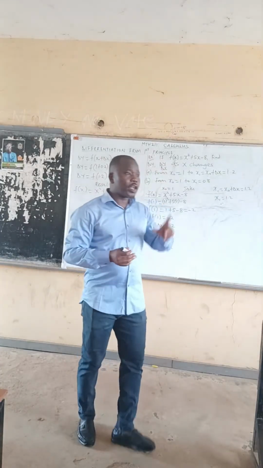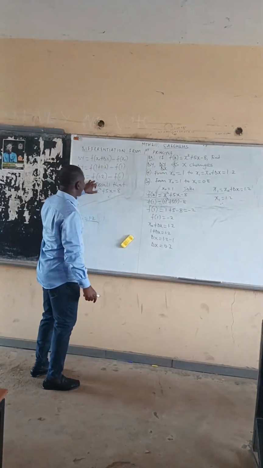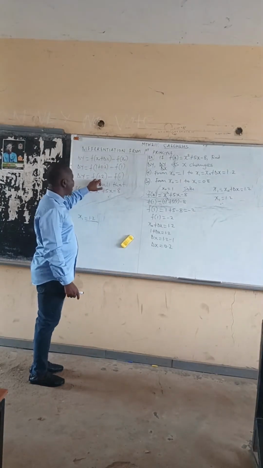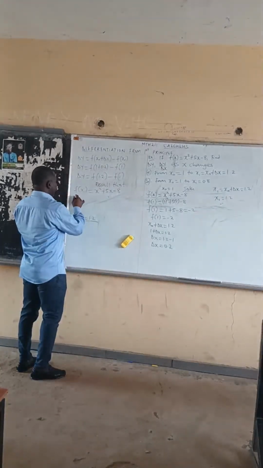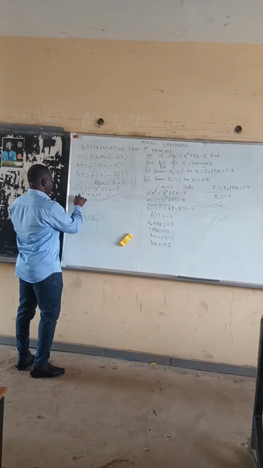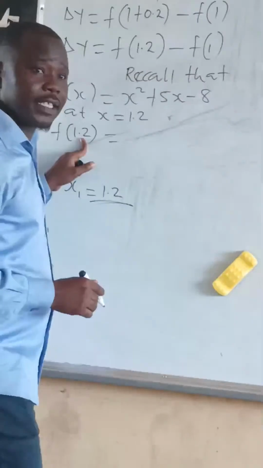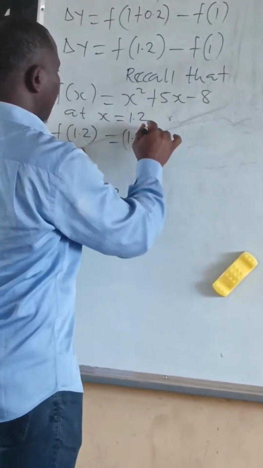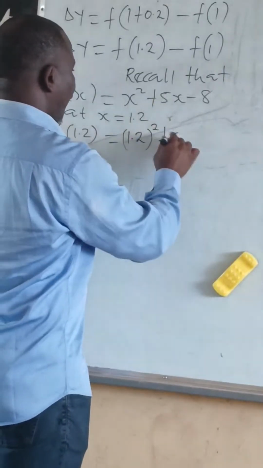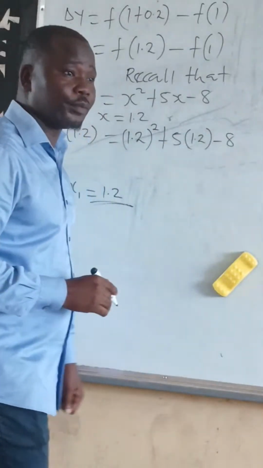So if we assume our x to be 1.2, it means at x equals 1.2, our f of 1.2 will be equal to, anywhere you see x, you write 1.2. So 1.2, all in bracket, raised to power 2, plus 5, open bracket, 1.2, minus 8.